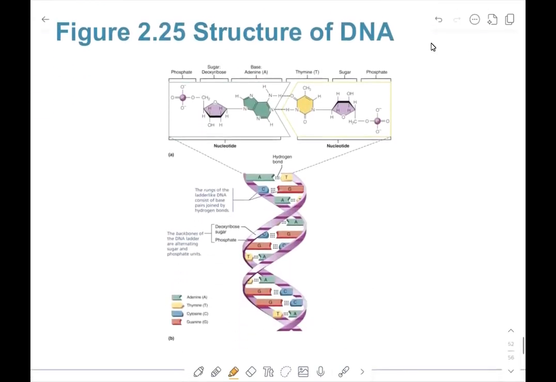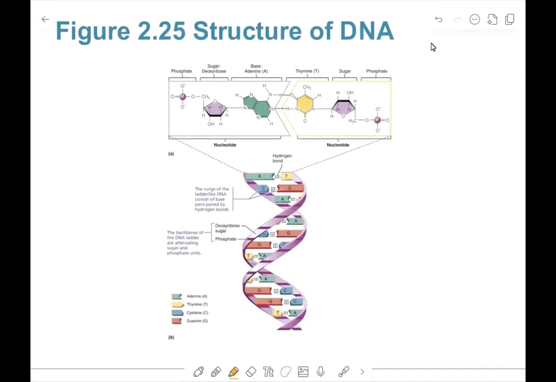So this is our structure of DNA. And again, there's no diagrams on the test, but you should be able to identify the different parts of it. And again, you don't need to know the structures. But when we look at a nucleotide here, again, the three parts of it are a phosphate, a sugar, which in this case is deoxyribose, and then a base, adenine or thymine, which always pair up together.